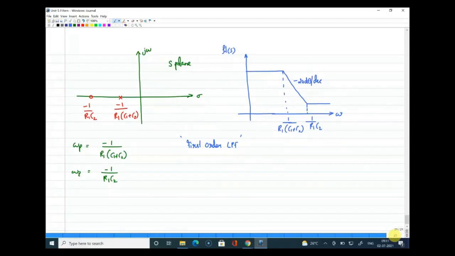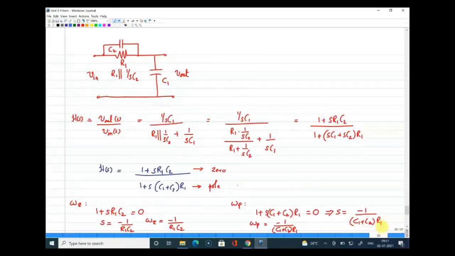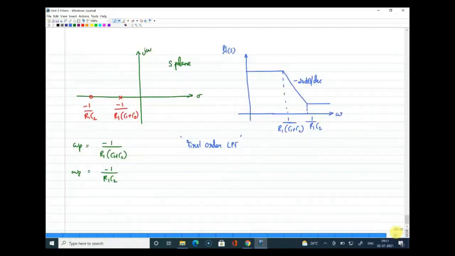If I have a circuit of this form, where you have an R and C in parallel on the input side and the output is across a single capacitor, you are always going to get a low pass filter, because omega p will always be less than omega z. In any condition this will be true, and hence this will always give you a low pass response.